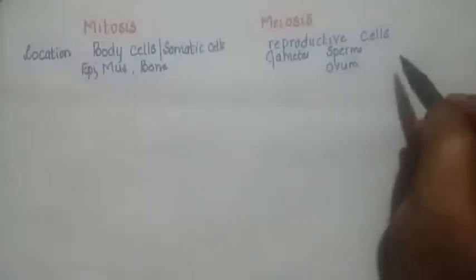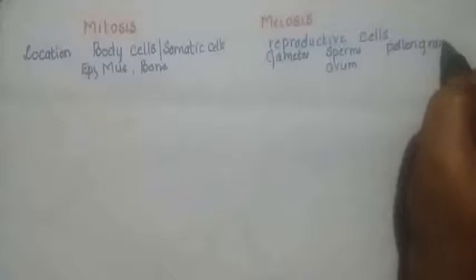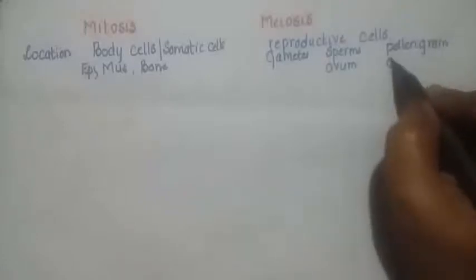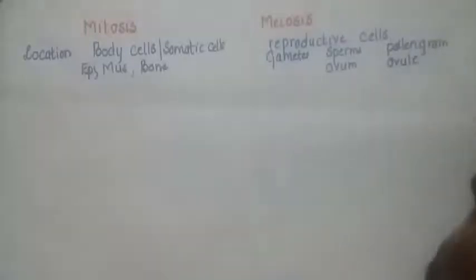Or in the case of plants, it helps in the formation of pollen grains or the formation of the ovule. So you can say that meiosis occurs only in the reproductive cells.